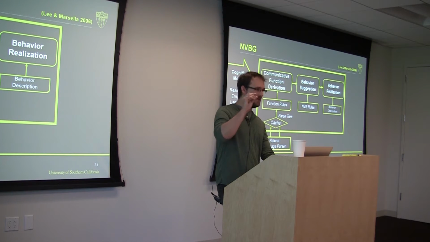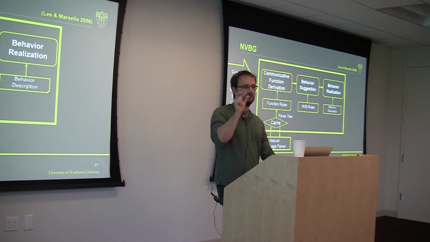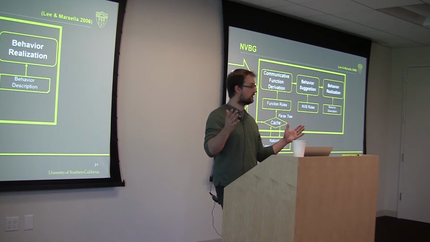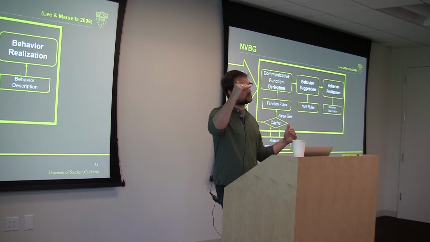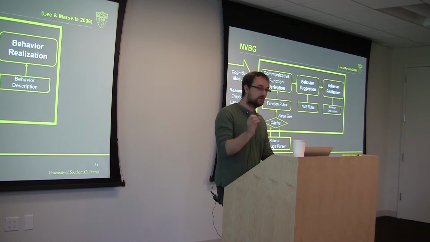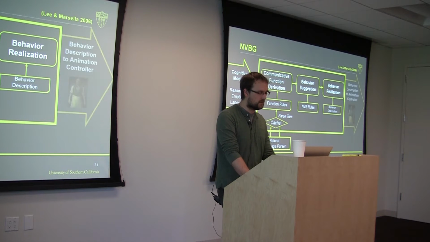These are different steps where rules fire. A whole bunch of rules may be valid for a given line. There's some pruning to make sure that we don't get a whole bunch of stuff. And that then results in a behavior schedule that's sent to our animation system.